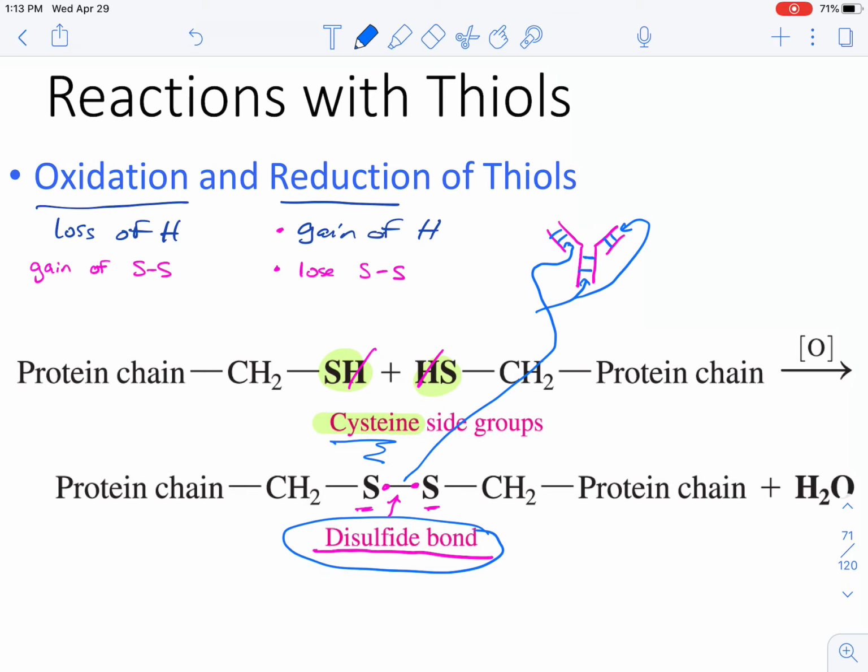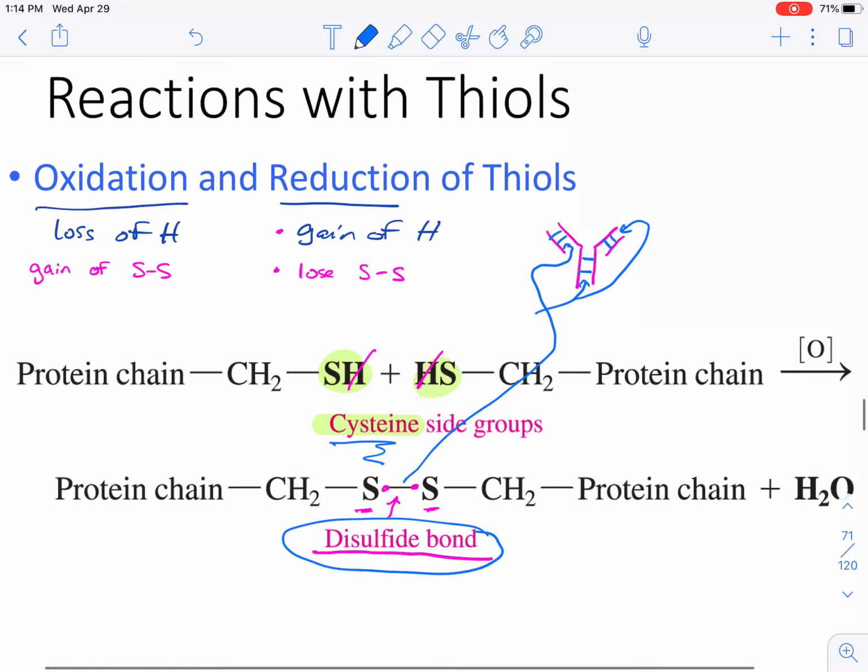So you're either gaining a bond between the two sulfur atoms, or you're losing that bond between two sulfur atoms. But this idea of loss of hydrogens and gain of hydrogens still is a common theme between oxidation and reduction, between sulfhydryl groups and hydroxyl groups, okay, thiols and alcohols.